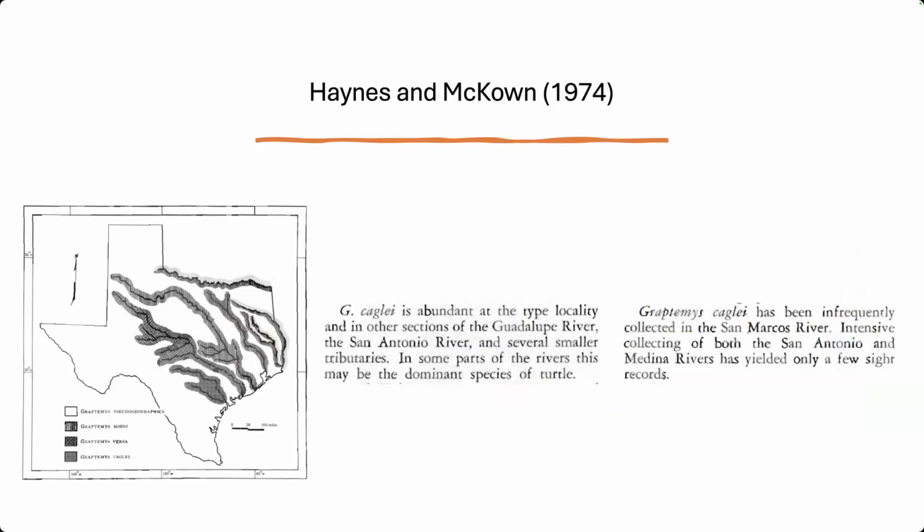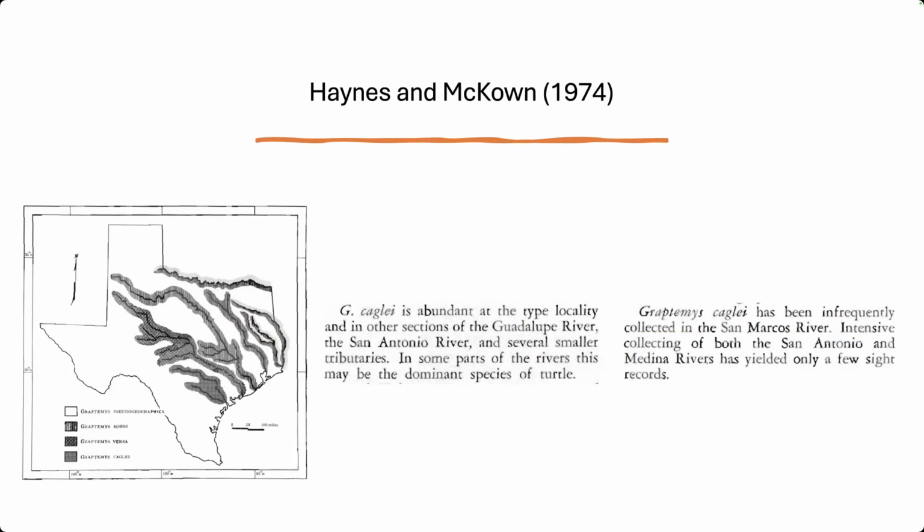So another little quirk of history relating to the distribution of Cagle's map turtles comes from the earliest publication, the description of the species, where Haynes and McCown described the Cagle's map turtle and presented a figure that you see here of the various drainage basins that are occupied by different species of map turtles.